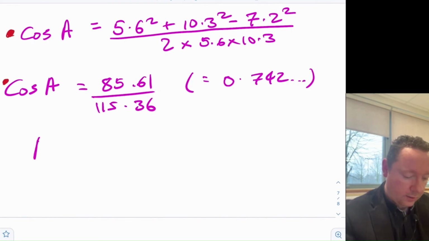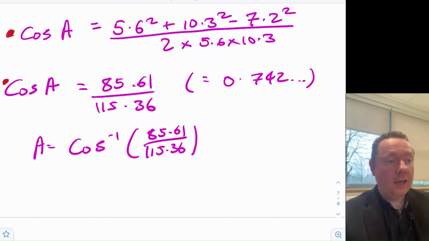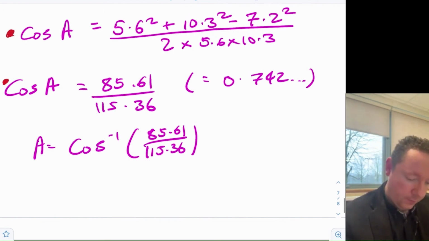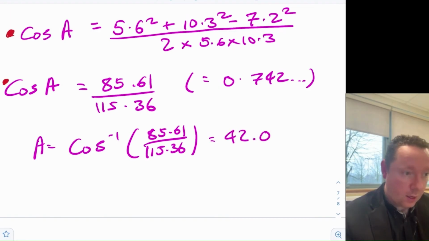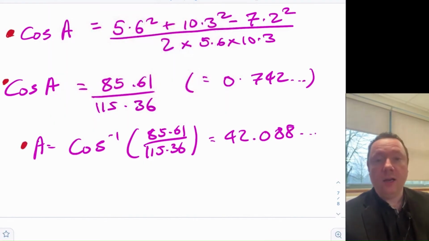So A is the inverse cos of 85.61 over 115.36, and that gives me an angle of 42.088, sorry. So there's our third mark.